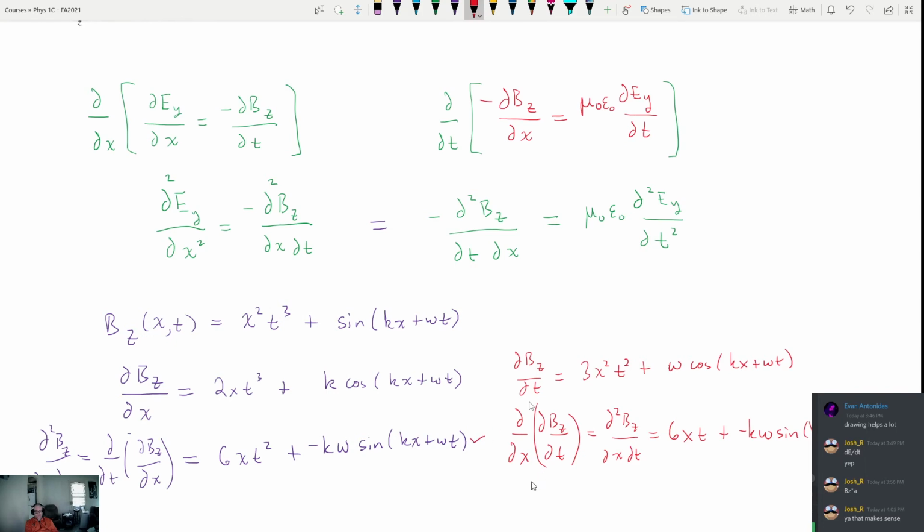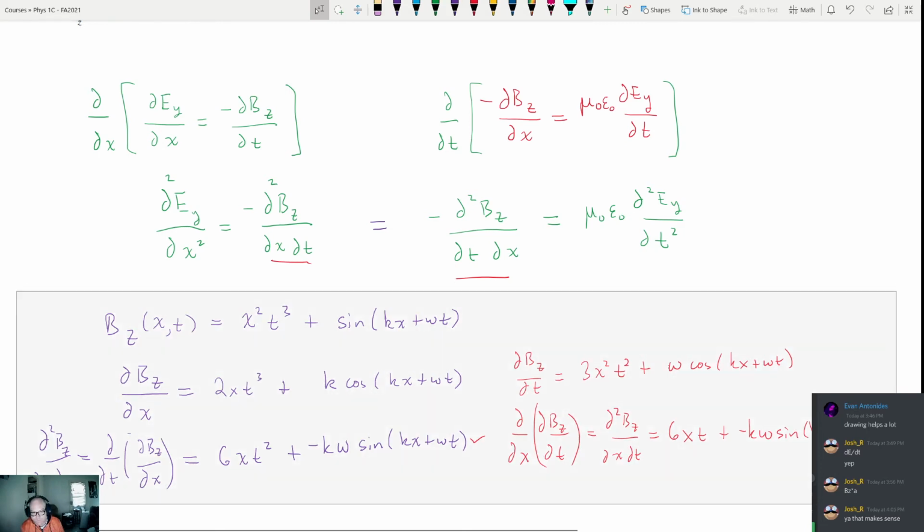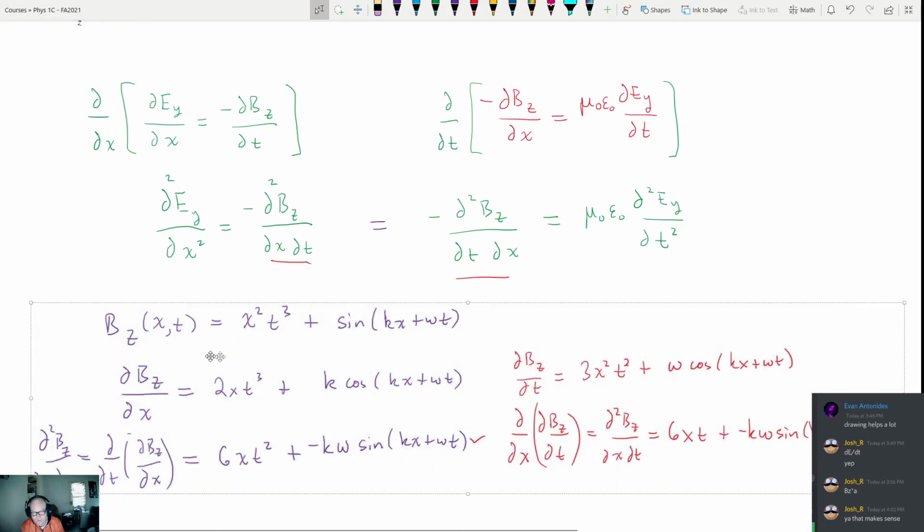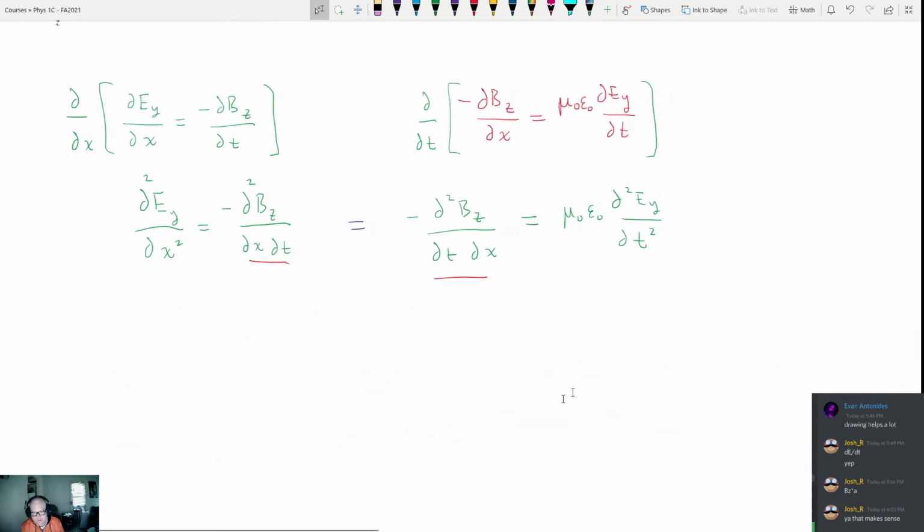That's not a proof, it's just an example to show you that it does work. But you probably learned that in your math class anyway, right? That these two are equivalent to each other? Maybe you don't remember.